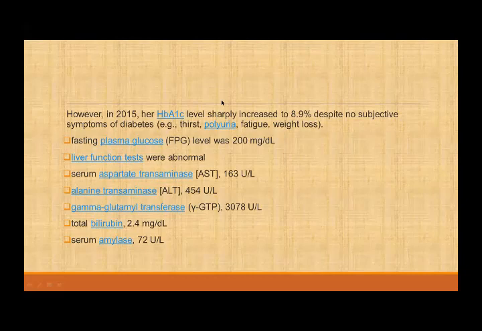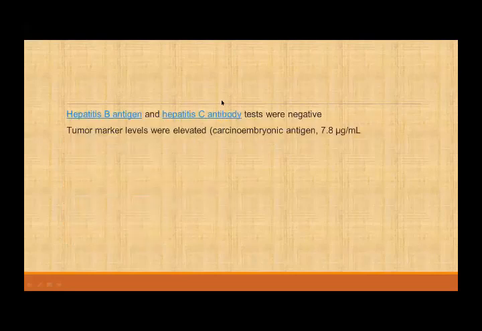Her fasting plasma glucose was 200. Liver functions were abnormal, with AST and ALT raised. Gamma GT was in the 1000s. Bilirubin was raised. So she has abnormal liver function, abnormal glucose, and her diabetes control became abnormal.